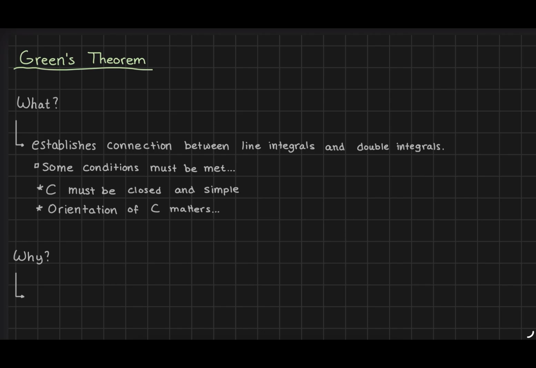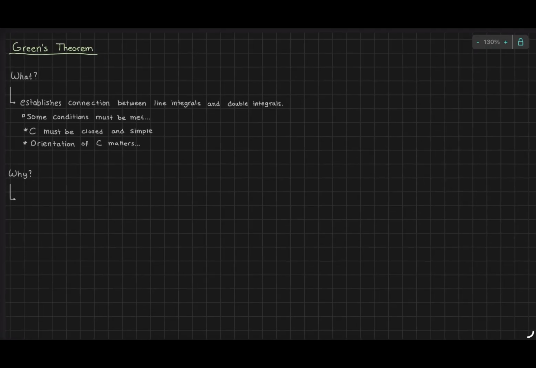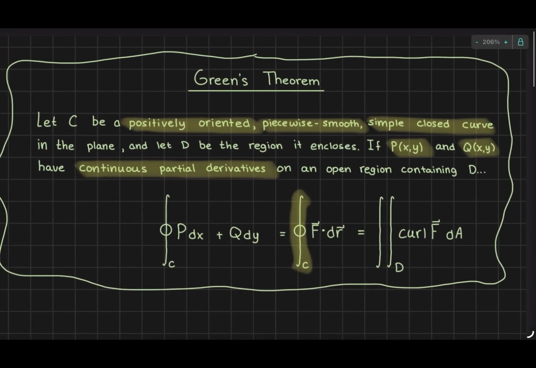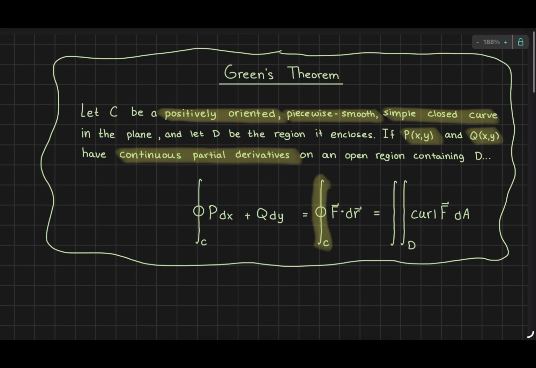And then secondly, the orientation of C matters, and I'll get more into that in just a little bit. I guess the easiest way to explain the other conditions is to go ahead and state what Green's theorem actually is. Green's theorem states: let C be a positively oriented, piecewise smooth, simple closed curve in the plane, and let D be the region it encloses.